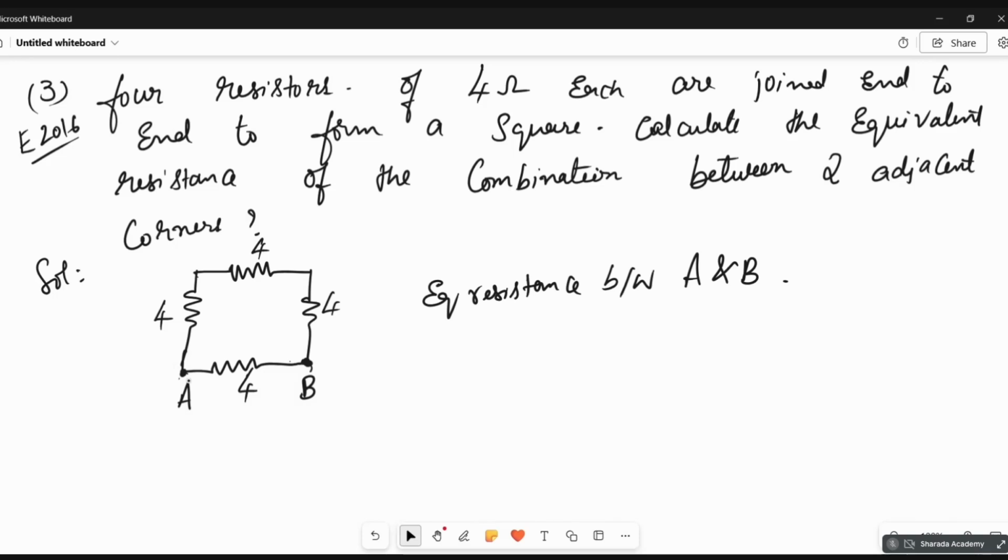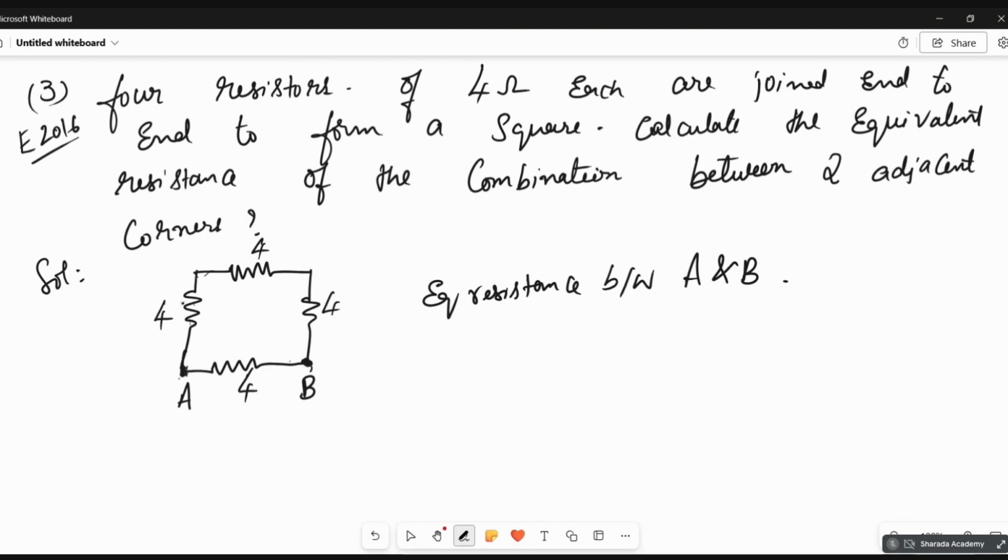Whenever they ask like that, you try to solve from the other end. So this portion is also connected, no? This end is also connected to A, here also B. So you should find the equivalent. That's also not 4, because here another connection is there, right? This also you should solve.